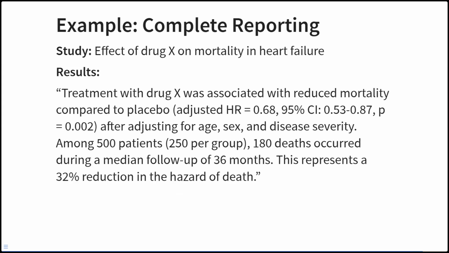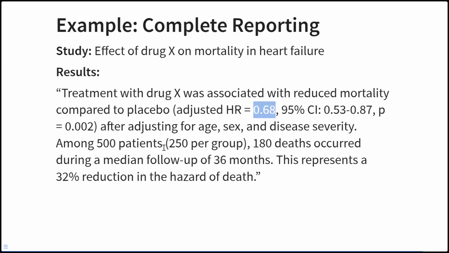So if you look at this example: effect of drug X on mortality in heart failure. Treatment with drug X was associated with reduced mortality compared to placebo, because the hazard ratio is 0.68. So the hazard of experiencing that particular event is 0.68 compared to those that received the placebo, after adjusting for age, sex, and disease severity.